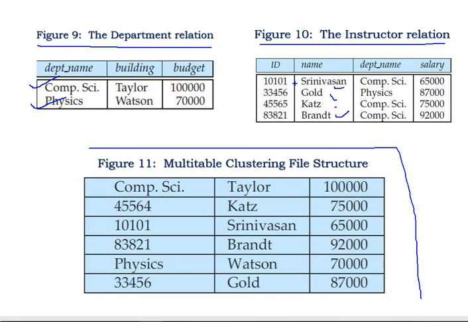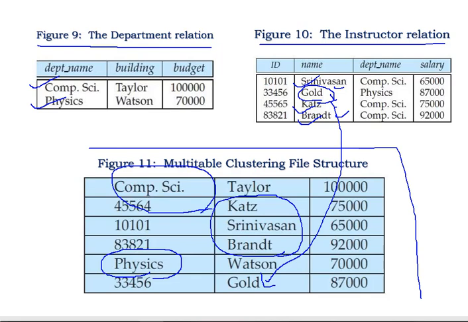For example, Srinivasan, Katz and Brand belong to the computer science department, so we have prepared one cluster under computer science, and the only person, Gold, who is working under physics, has a separate cluster.